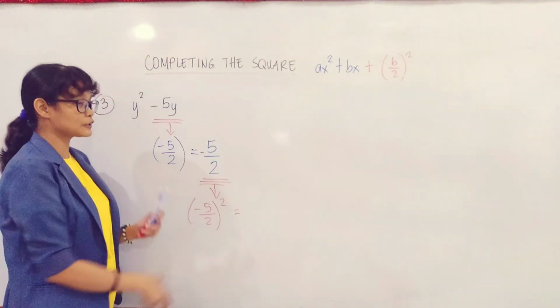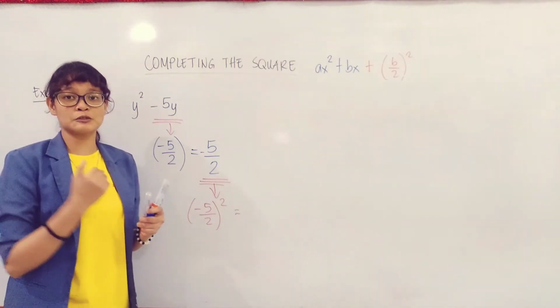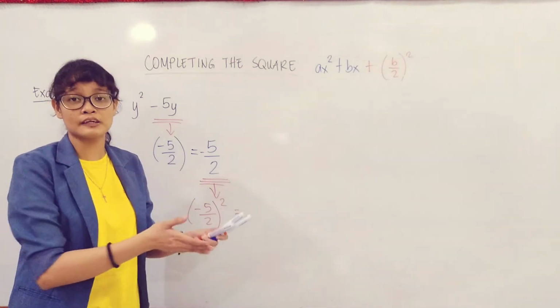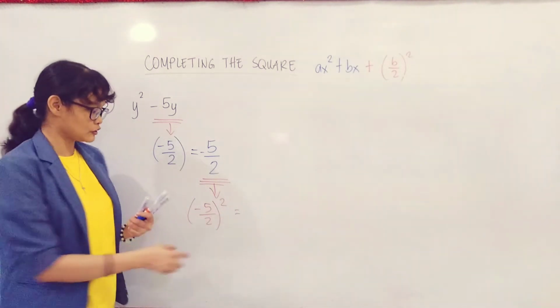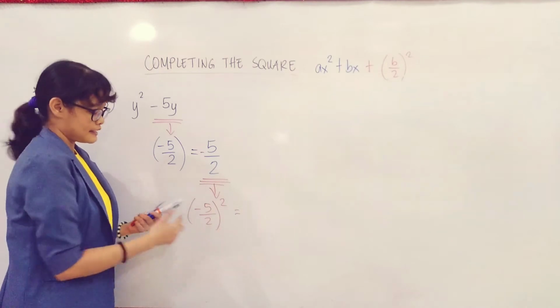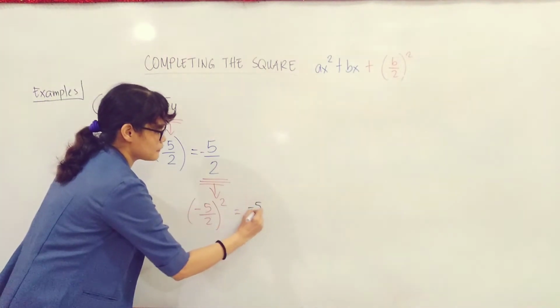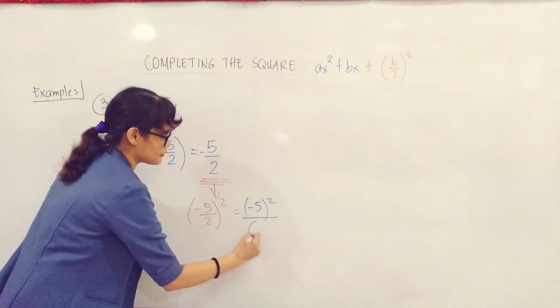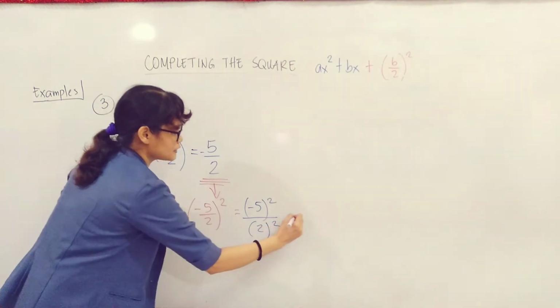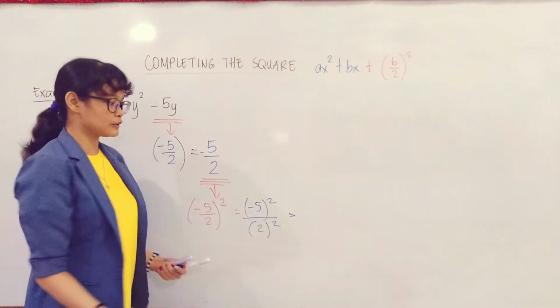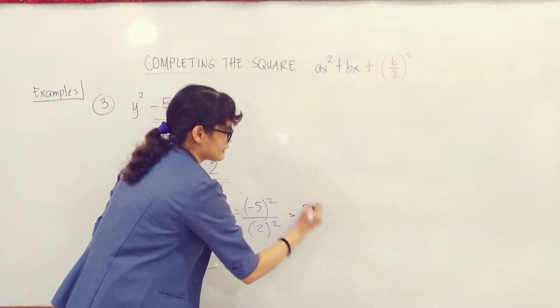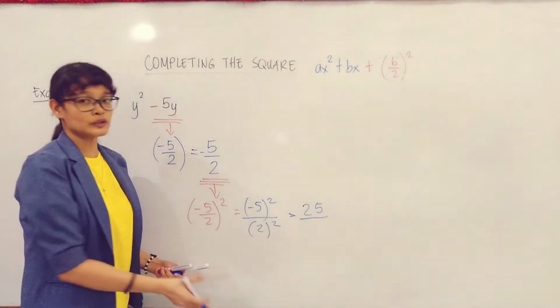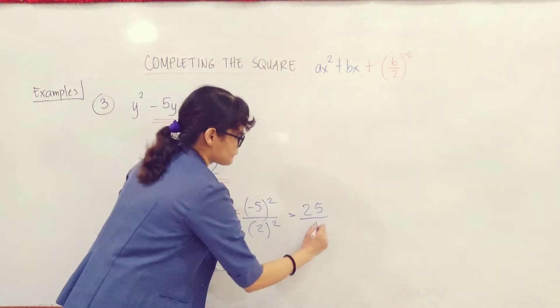So, every time you square a fraction, you are going to get the square of both the numerator and the denominator. So this expression is equal to negative 5 squared all over 2 squared. So what is negative 5 times negative 5 equal to? This is equal to 25 over 2 times 2 is equal to 4.